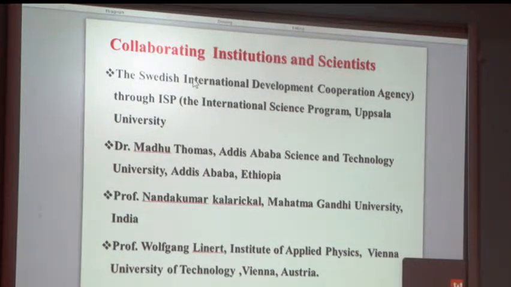After saying this much about our works, actually I have been indicating the direction of our work. To do this work, we have collaborations from institutions and scientists. The Swedish International Development Cooperation Agency, ISP, is one.